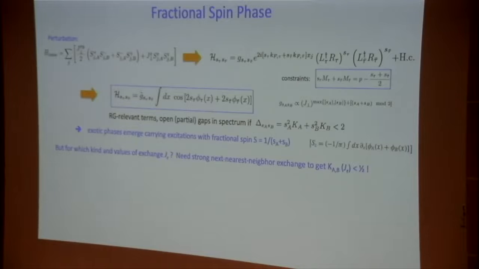And now let's go further and add the interchain interaction, which we treat, as I said, as a perturbation. And in the fermionic representation, we take the lowest order, which gives us a non-trivial term. Such terms are of this shape here.